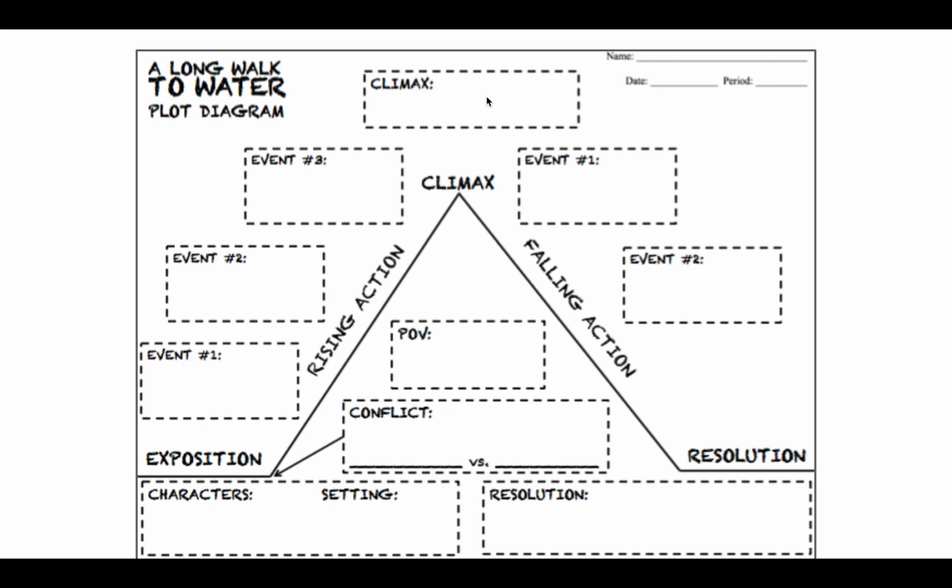Sometimes for me, it's easier to figure out the most intense part and then work backwards with the events leading up to the climax. After we think of the climax, then think of two events that happen after that.